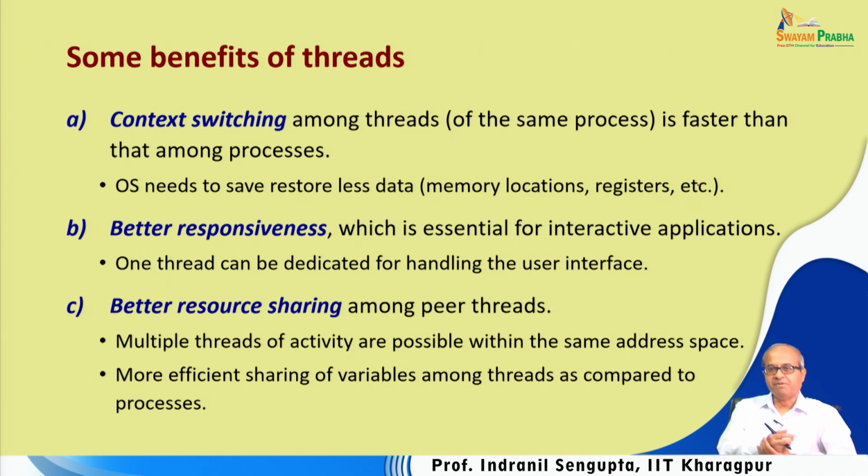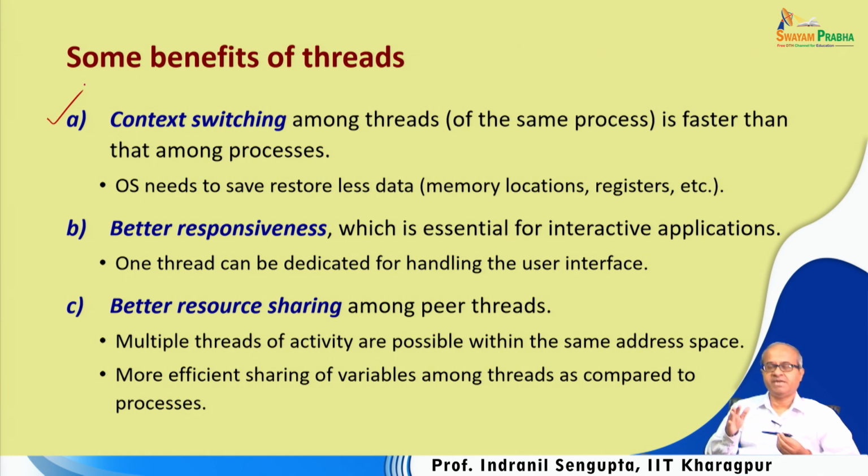Now, let us look at some of the benefits of threading. Couple of them we have already mentioned. First and foremost is that context switching among the competing execution units is much faster. For multi-threading, the competing units are the threads.